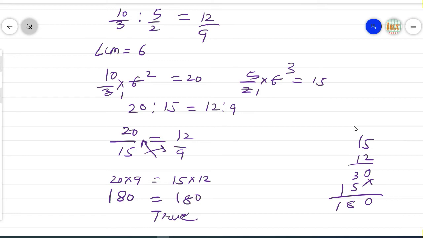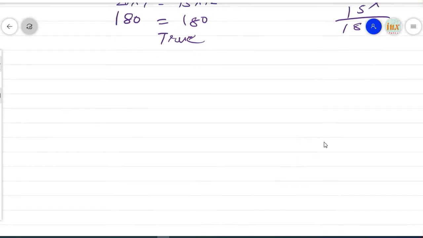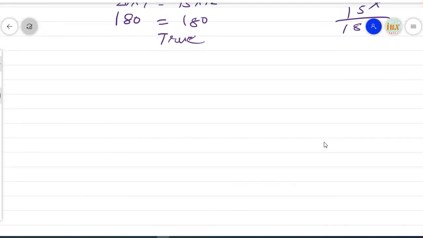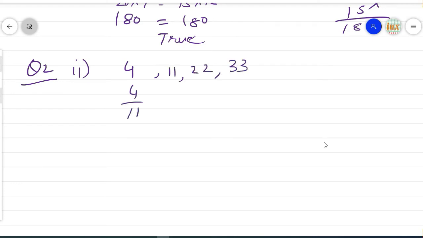Now moving on to question number 2. Which of the following numbers are in proportion? Taking the second part: 4, 11, 22 and 33. You write 4 upon 11 is equal to 22 upon 33, and we cross multiply.